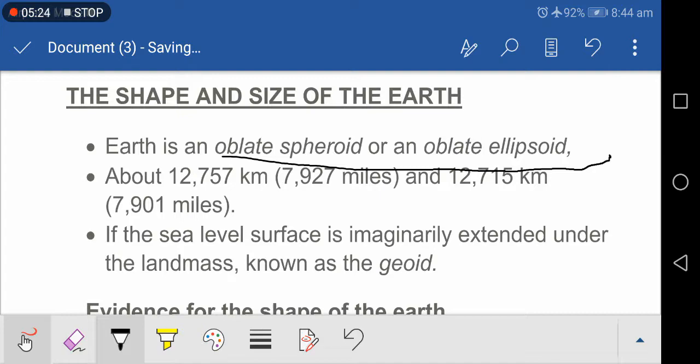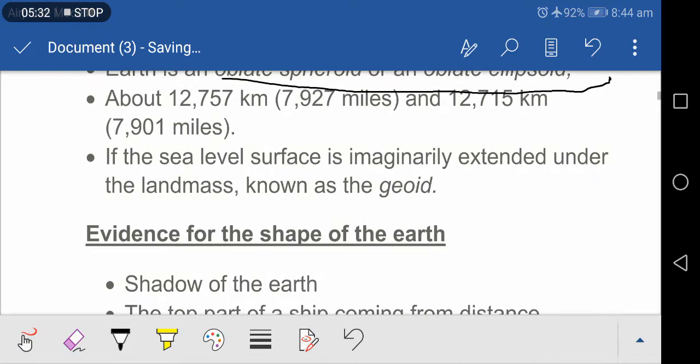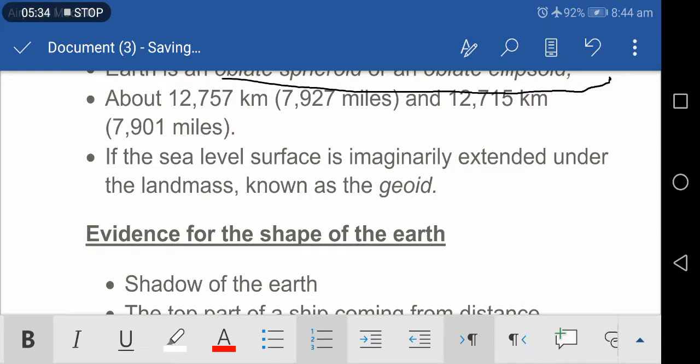Like a ball that we give compression to, so like that, compression at the poles and a slight bulge at the equator.